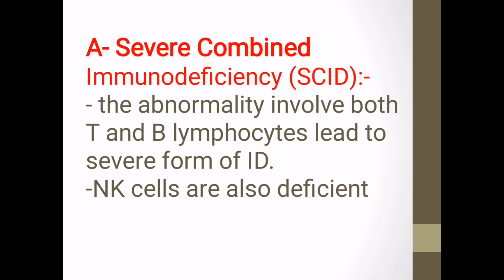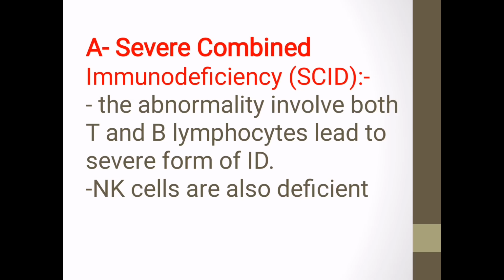Okay, severe combined immunodeficiency. There is abnormality in both B and T. The abnormality in both T and B lymphocyte leads to a severe form of immunodeficiency. So there is no mature B or T lymphocyte, and NK cell also deficient.